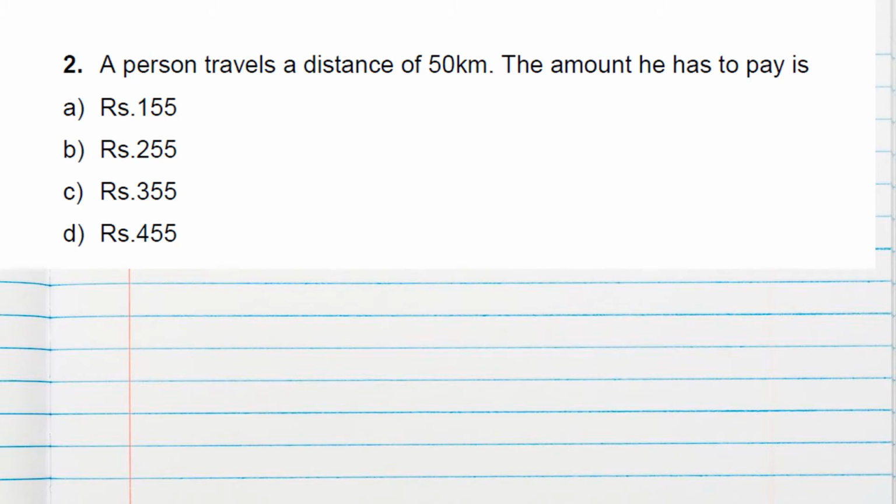Question number 2 is: a person travels a distance of 50 kilometers. The amount he has to pay is the fixed charge plus the subsequent amount per kilometer. Suppose he is going 50 kilometers, so 50 into y is the amount he has to pay. To find this amount we should know the x and y values. We will get them from the equations based on situation 1.